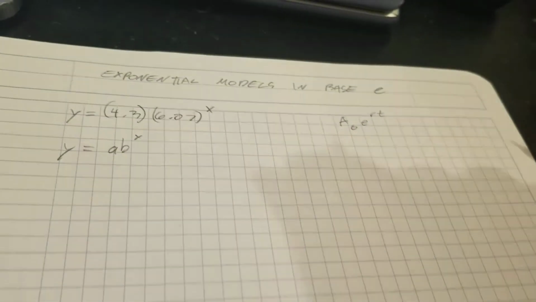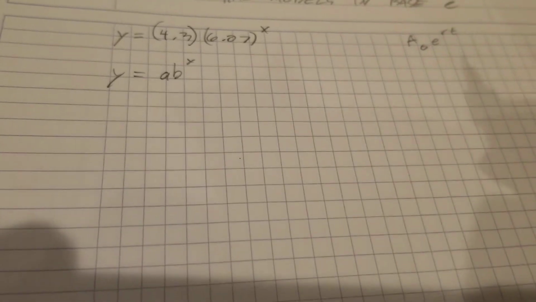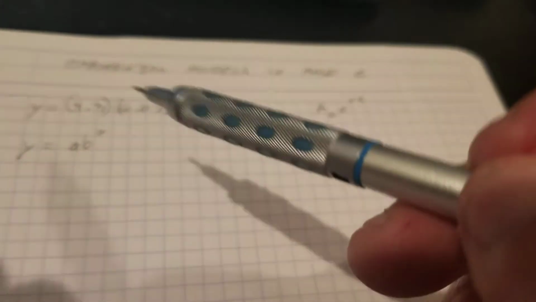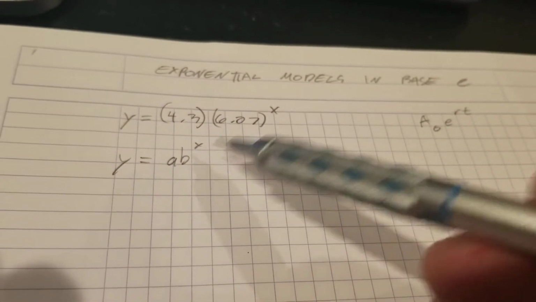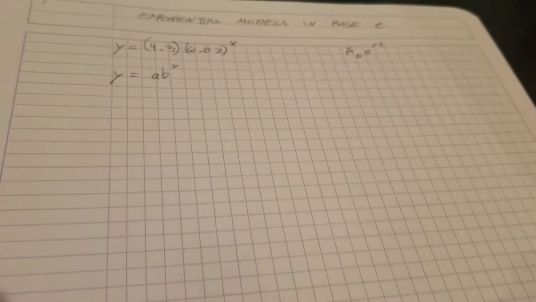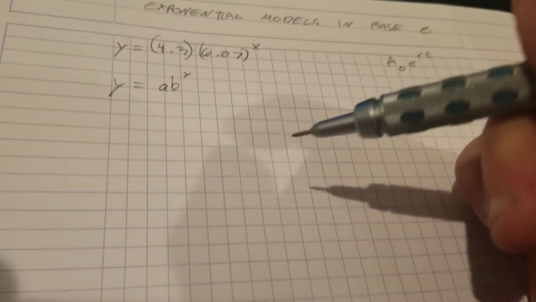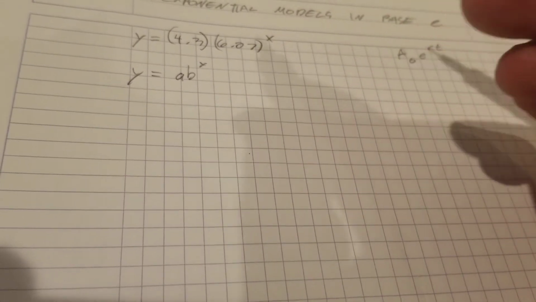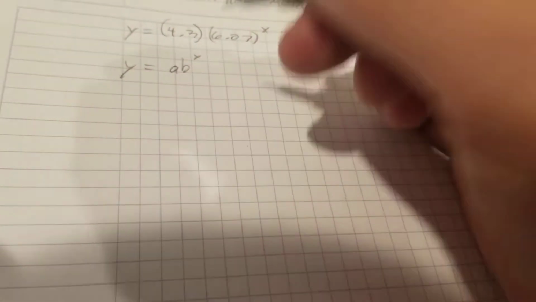So if we think about the general form that y'all recognize, y equals a times b to the x, we're trying to take this and define it in terms of a base e. So what can we do? Well, we know the properties of the natural log.